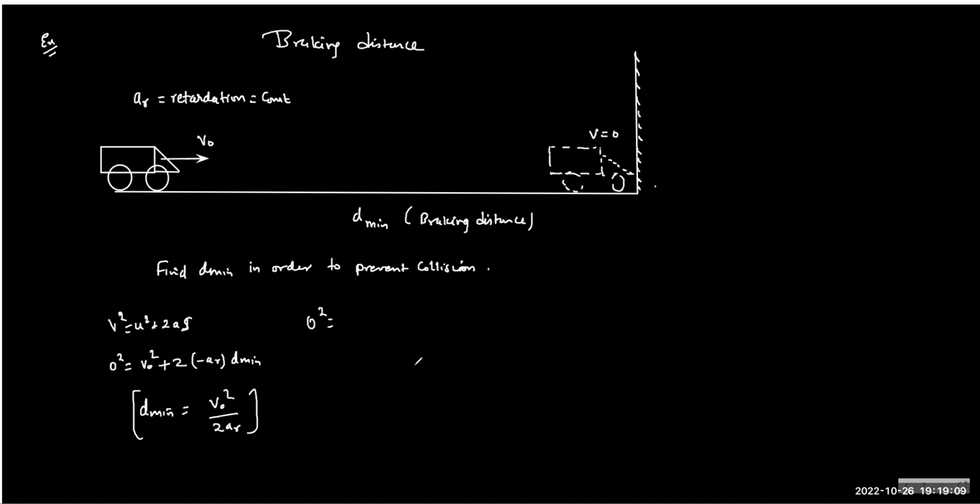So now this is not a difficult question, just the terminologies are very interesting, braking distance and all. Sometimes when you drive a car on a highway, you see that nothing is coming as an obstacle, but you're driving your car at a high speed and the car in front of you is moving very slow.